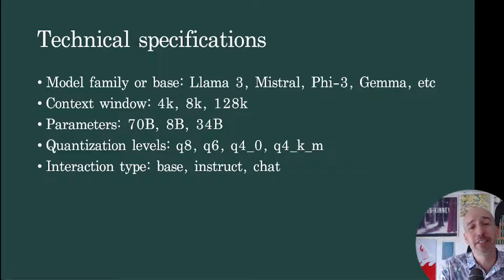The technical specifications you're going to have to fight through are the model family or base model, the context window, the parameters, the quant levels, and the interaction type. I think these are the 5 things that will intimidate you and make you confused when you're trying to pick which model to use.